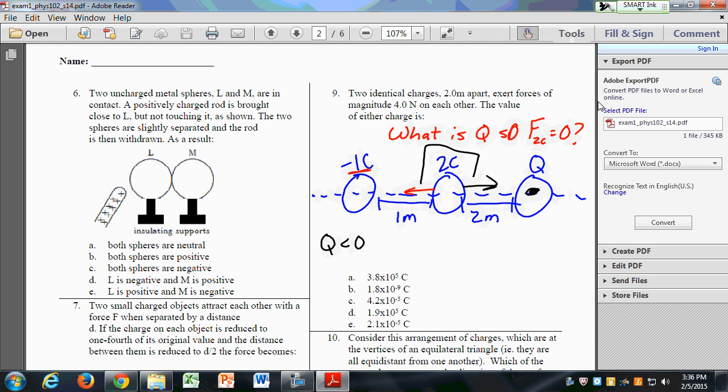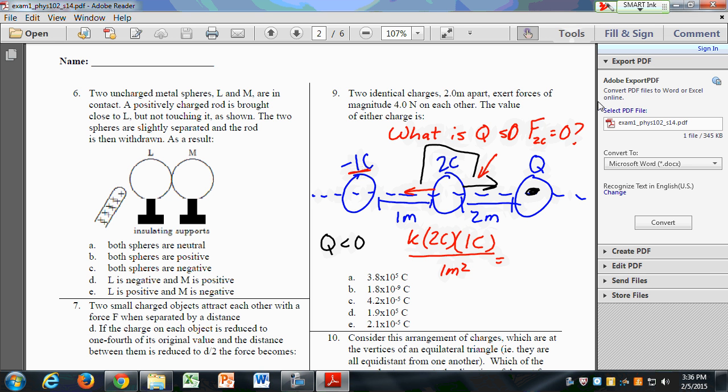So for example, the one in red is going to be K times 2 coulombs times -1 coulomb divided by 1 meter squared, and then that would equal the magnitude of this charge, which, excuse me, should be a +1. Remember, when we're doing these vector things, we don't put in the signs.